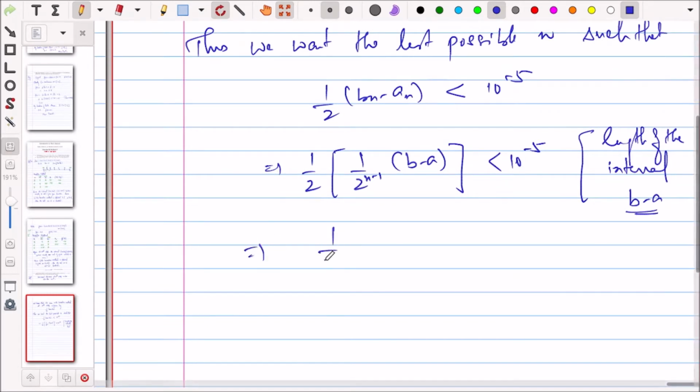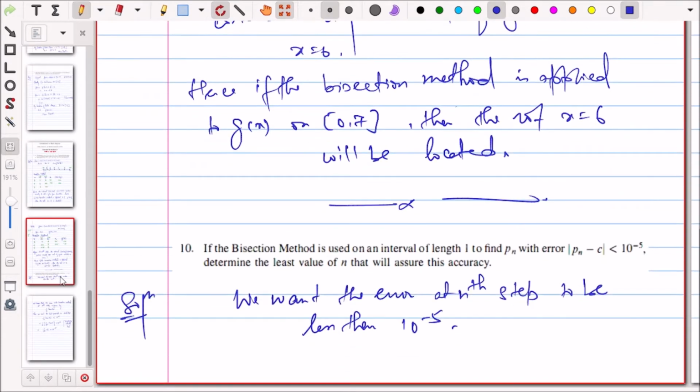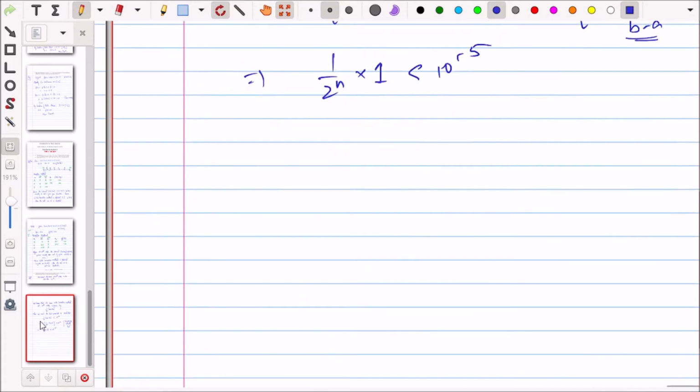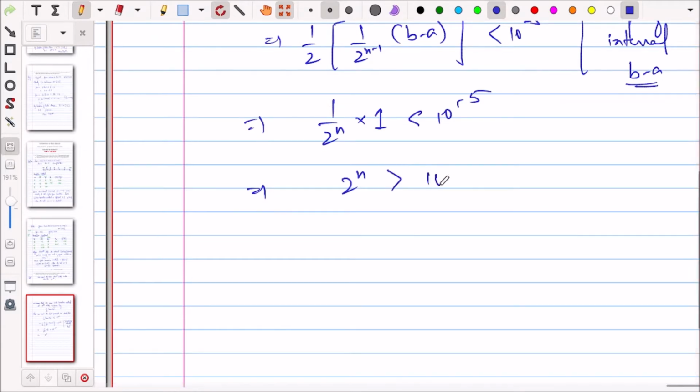Because the length of the interval under consideration is given to be 1, we want 1 by 2 to the power n to be less than 10 to the power minus 5. So we want n such that 2 to the power n is greater than 10 to the power 5.